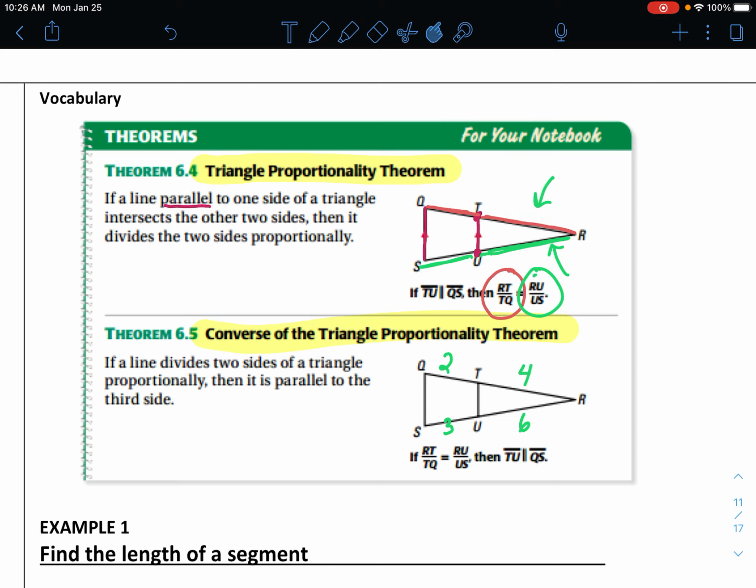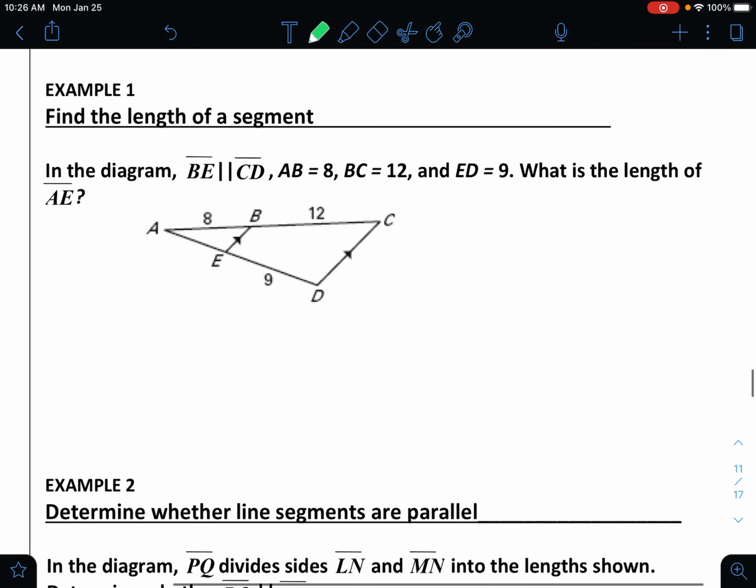What I'm trying to show you is that if one is double the other, then I know it's parallel. So I would check this ratio right here: is 4 over 6 equivalent to 2/3? When you see that it is equivalent to 2/3, then we can say, oh yeah, these lines are parallel. So this would be another theorem to show parallel lines within a triangle, kind of like we had all those converses a while ago.